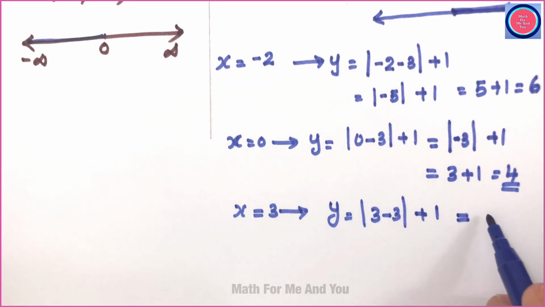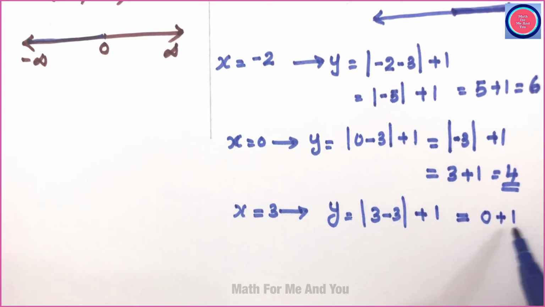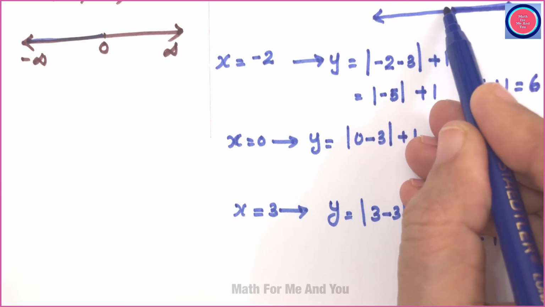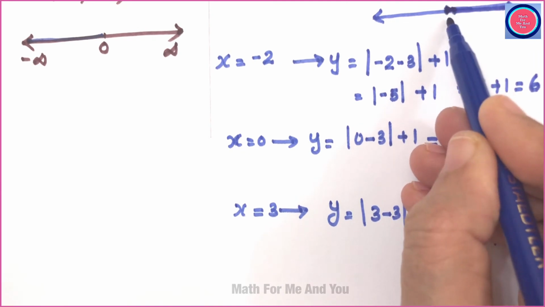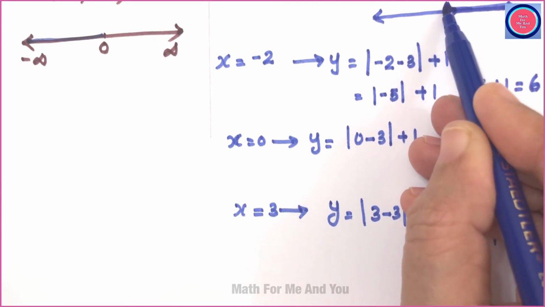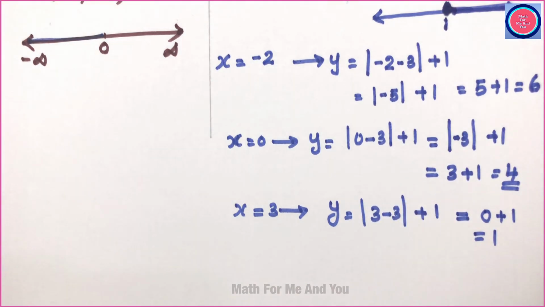That means in this function, the minimum value is not 0, because there is plus 1 outside the modulus. So we get the minimum value 1. If the question is absolute value of a term plus 1, then the minimum value will be 1. If it is plus 2, then the minimum value will be 2.